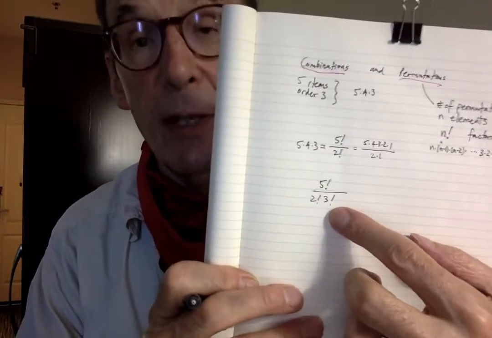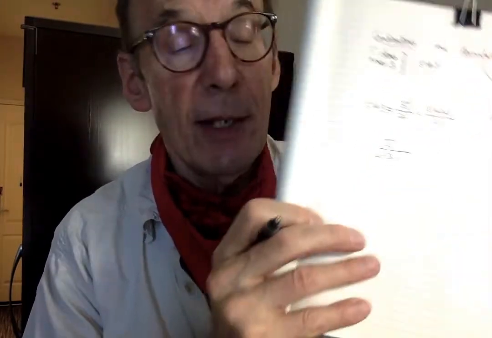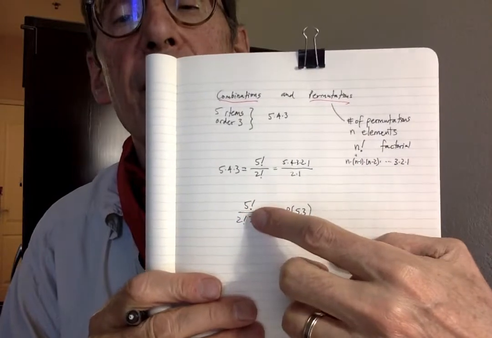So what we have is a fraction. The top is 5 factorial, and the bottom is 2 factorial times 3 factorial. So the 2 factorial comes from the choices that we didn't make, and the 3 factorial comes from the duplicate choices that we've made. And so the textbook would call this P(5,3). Oh, wait, I got that backwards. So you've got 5 is the number of things.